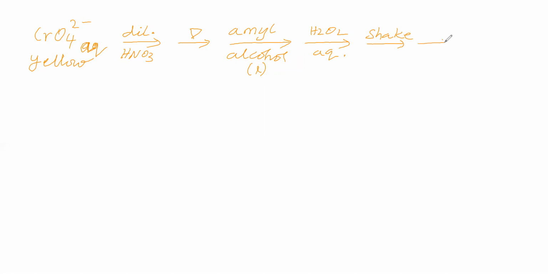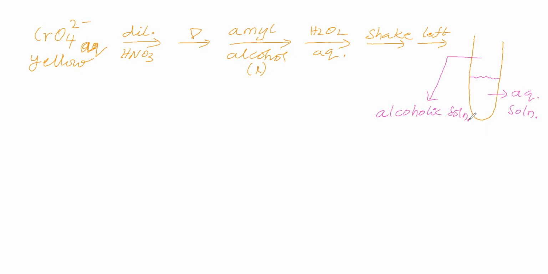Then the solution is left for a certain time. On leaving the solution for a certain time, the solution becomes two layers. One is the aqueous solution, the below layer is the aqueous solution. The above layer is the alcoholic solution.